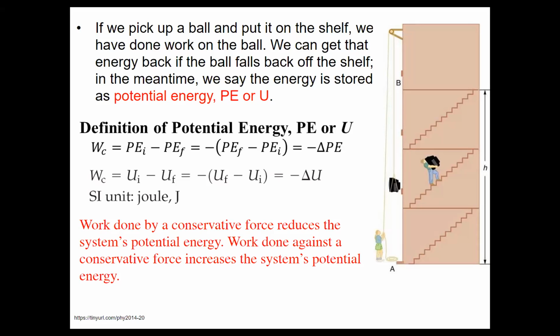Because if the television goes down, then its potential energy is being converted to kinetic energy. So the potential energy reduces, but the kinetic energy increases. So the work done by the conservative force will reduce the system's potential energy. However, if you are doing work against the conservative force, then you increase the system's potential energy. Okay.